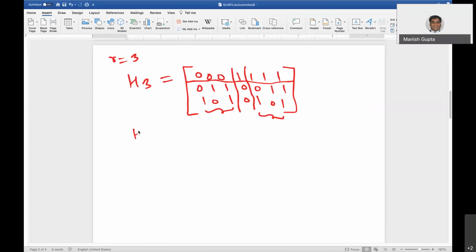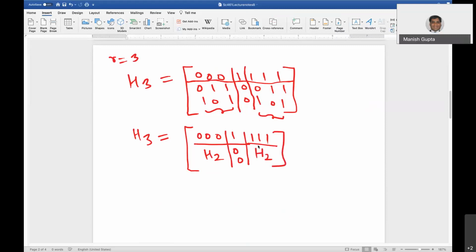So H3 can be written as 0 0 0, H2, 1 0 0, 1 1 1 H2.